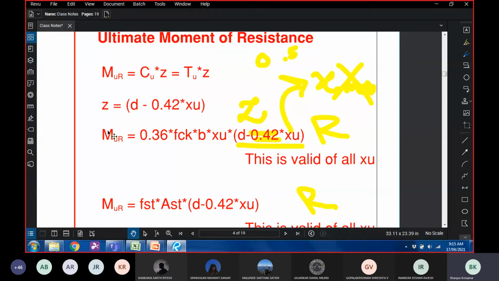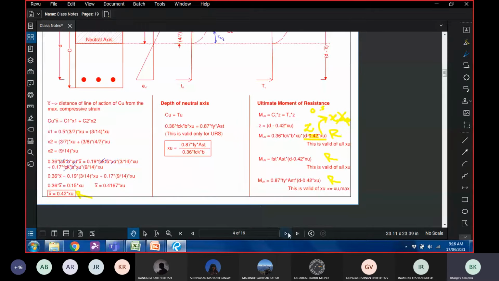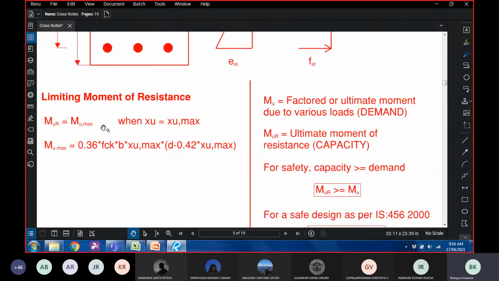We know how to calculate the moment of resistance when I know width, when I know depth, and the depth of neutral axis and so on. But now here, what we know is we know what is the moment. We know FCK. We know width because we already found out the plan dimensions. But we do not know what is XU. We do not know what is D. Okay. But what we do know is the maximum values of XU.